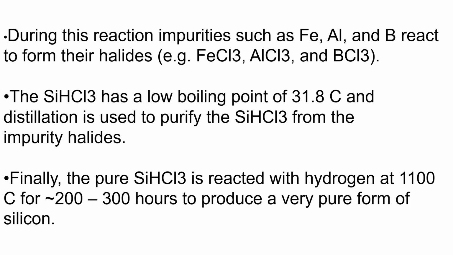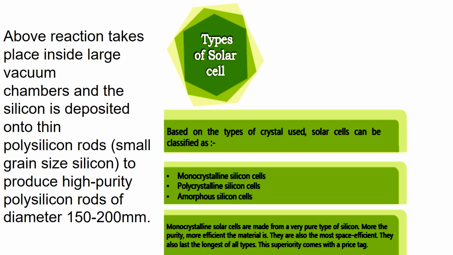Finally, the pure SiHCl3 is reacted with hydrogen at 1100 degrees centigrade for approximately 200 to 300 hours to produce a very pure form of silicon. Above reaction takes place inside large vacuum chambers, and the silicon is deposited onto thin polysilicon rods to produce high purity polysilicon rods of diameter 150 to 200 millimeter.